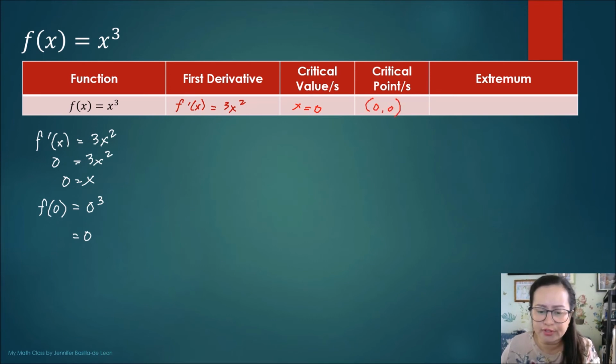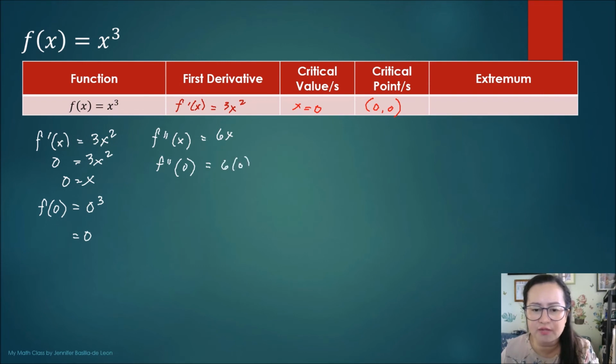Now, in order to determine whether this value is a relative minimum or maximum, we can use either the first derivative test or the second derivative test. This time, let's use the second derivative test. Let's get the second derivative. We will have 6x. Now, evaluating the second derivative at x equals 0, we will have 6 times 0, which when simplified will have 0.